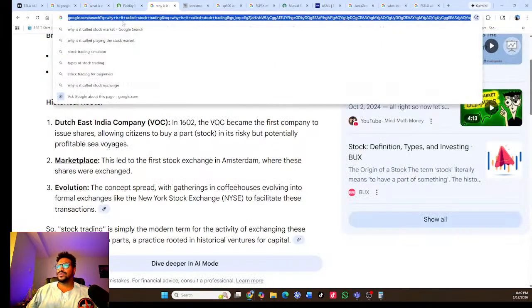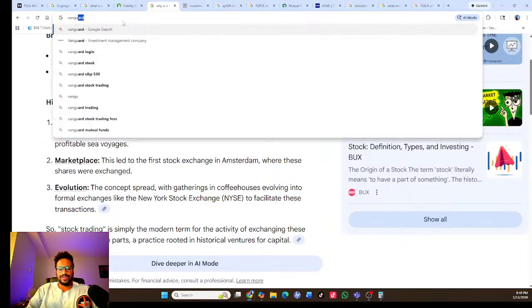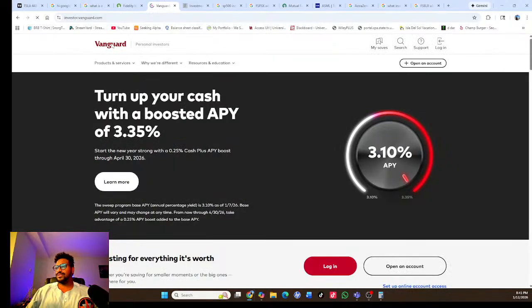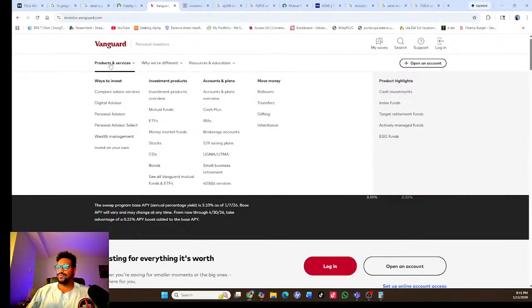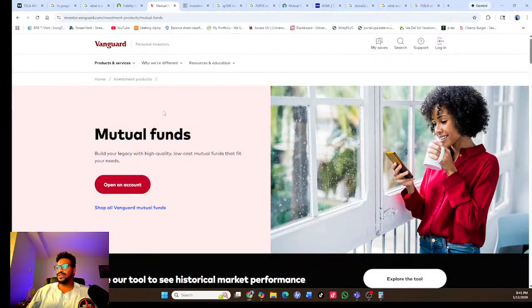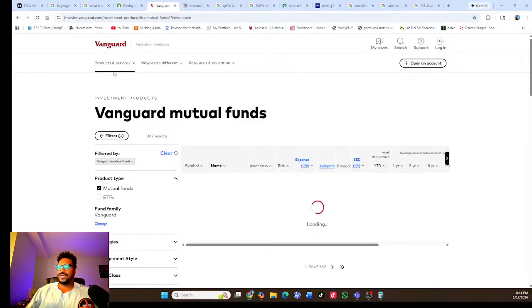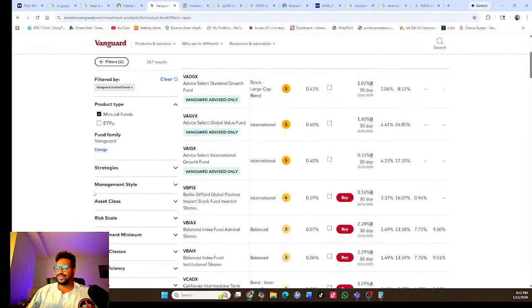So I don't want to go too deep, but basically you can come in here in Fidelity or Vanguard or other ones, and they do the same thing. Products and services, ways to invest, investment products, mutual funds, stocks, bonds, accounts. You could open one, mutual funds, and they'll tell you what they got. Shop all mutual funds, and you could do the same thing I just did right now. Strategies.